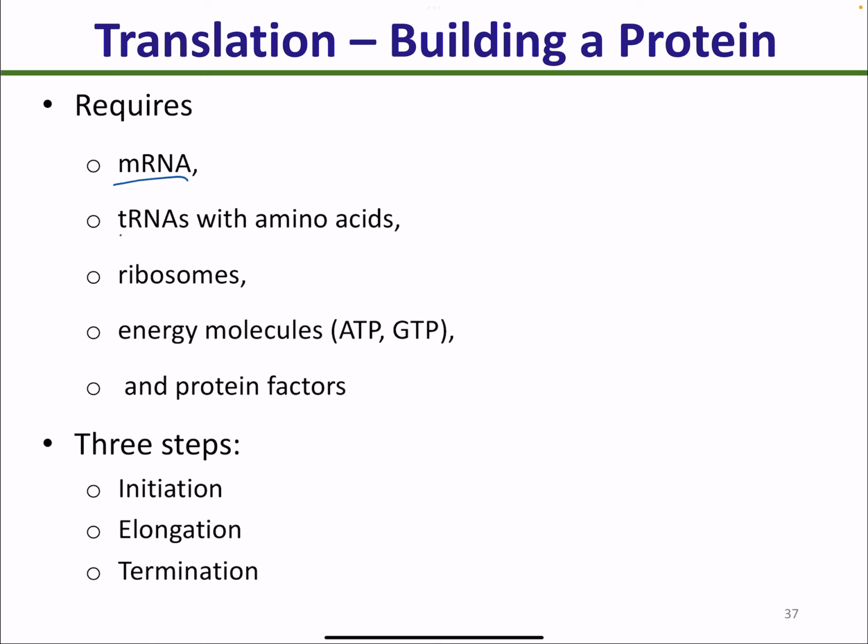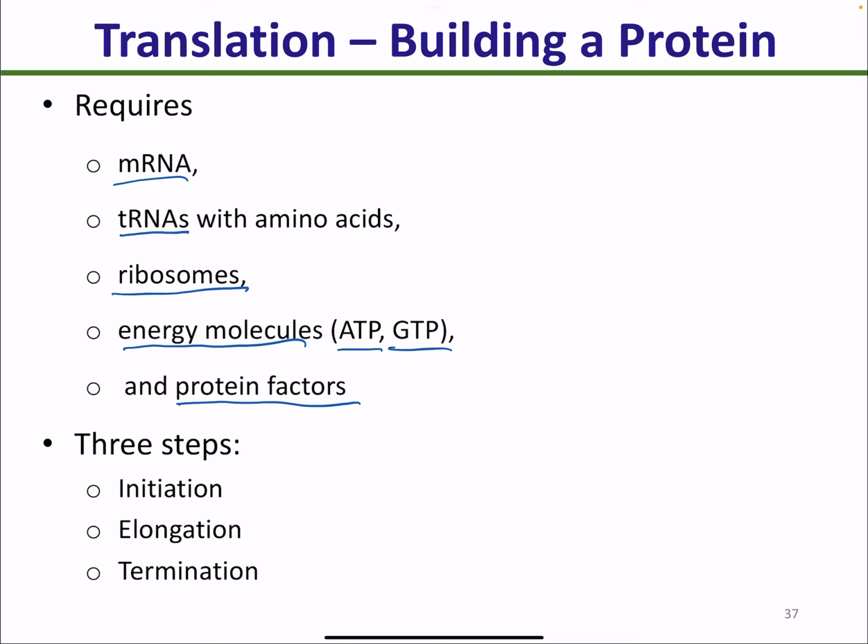You need the transfer RNA that actually has an anticodon for an amino acid, right? You have the ribosome that actually does protein synthesis. You need energy in forms of ATP and GTP. And you are going to need a number of protein factors.